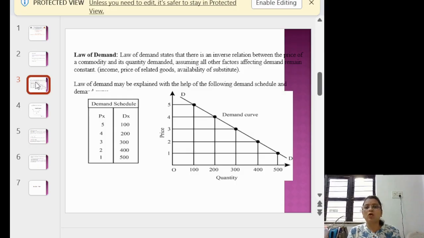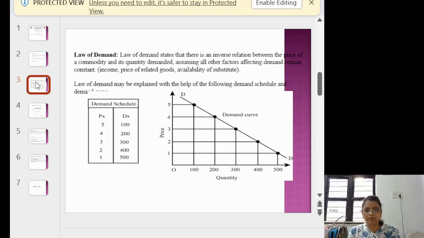Next is law of demand. Law of demand and supply are two important pillars of the economy. Law of demand states that there is an inverse relation between the price of a commodity and its quantity demanded. Then what do you mean by inversely proportional?